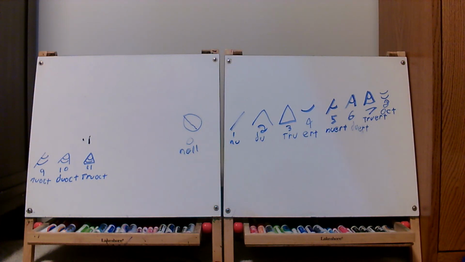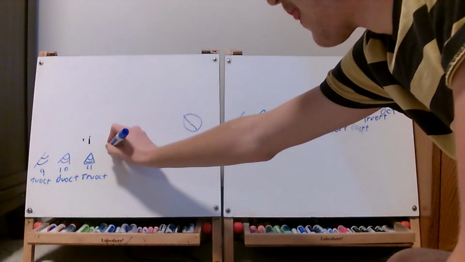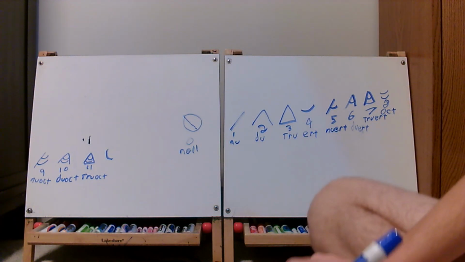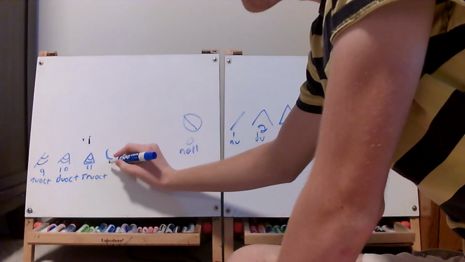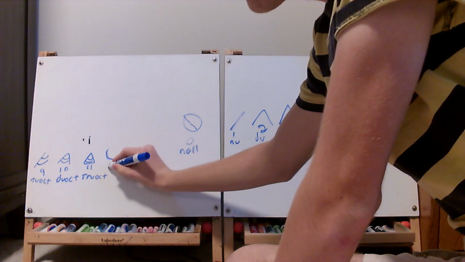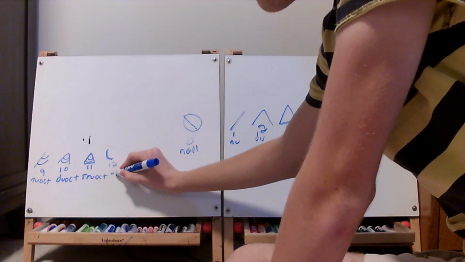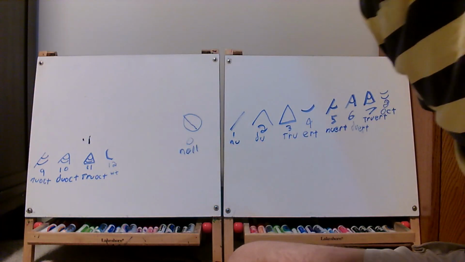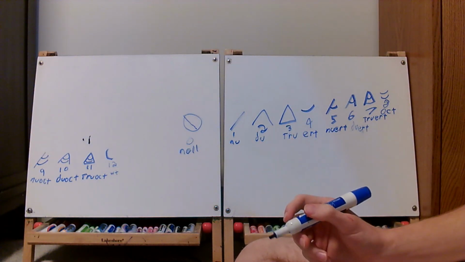I'm now going to make a new symbol. There. That's our new symbol. It's just a sideways ert, and it is called wit. It's called wit. So I'll just pause again.